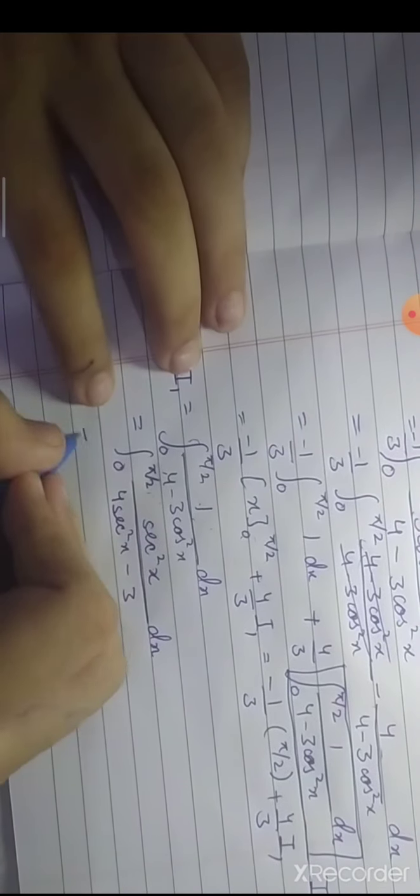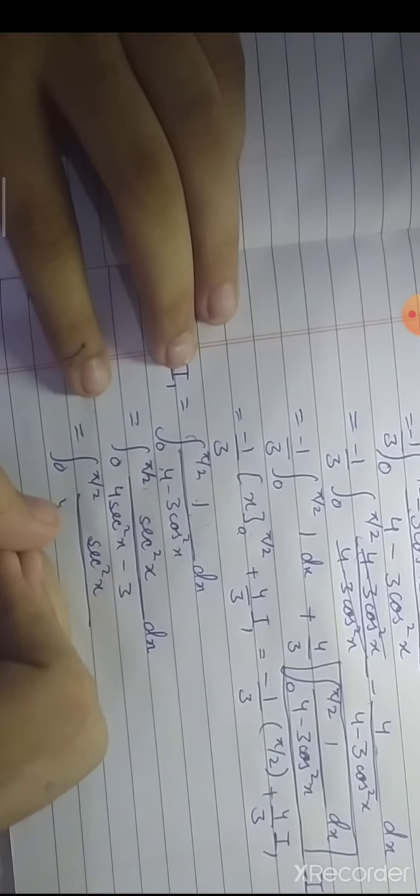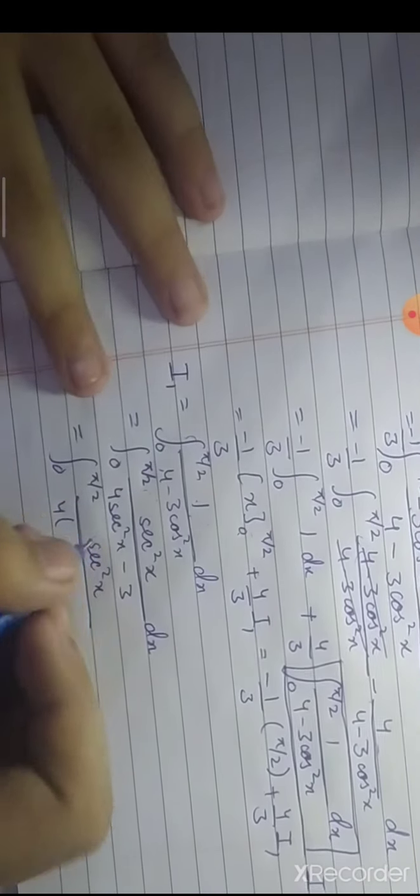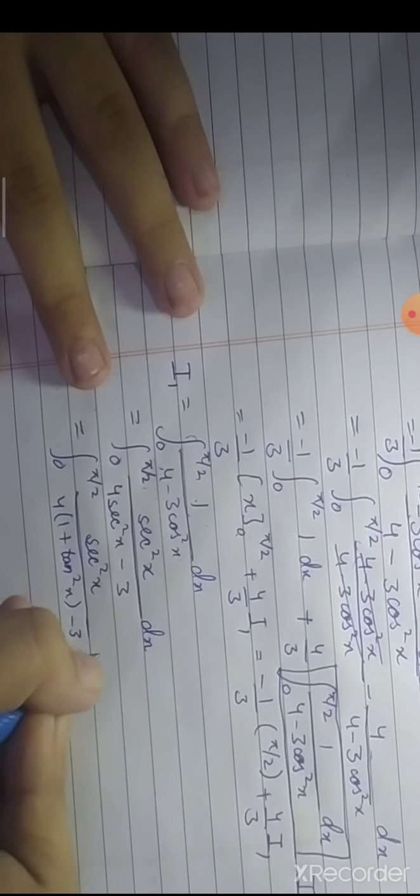Sec square x upon 4 sec square x minus 3. You will understand why we have to do this later. This sec square x we can write as 1 plus tan square x, minus 3 dx.